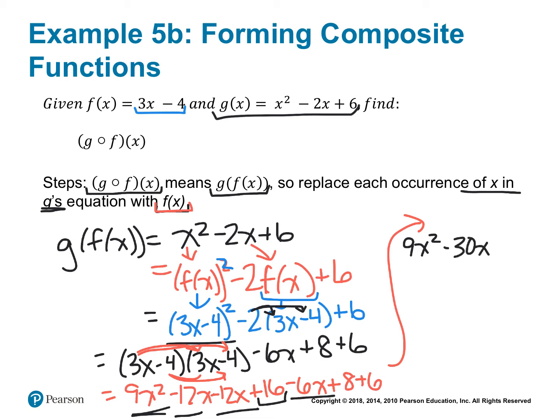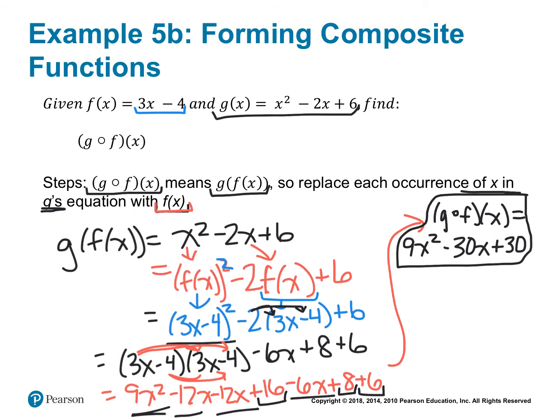And I have plus 16 plus 6 plus 8, which would be plus 30. So my formula ends up coming out to 9x squared minus 30x plus 30. So this is not the same as the last one when the f came first. So there is definitely a difference between the two.